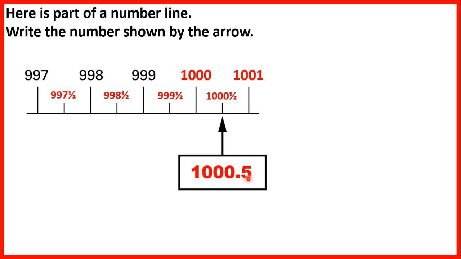That's because the first digit after the decimal point is the 10th digit, and 1/2 is the same as 5/10. But it doesn't say write your answer as a decimal, so we could have written 1000 and a half in this box and still got the mark for this question.